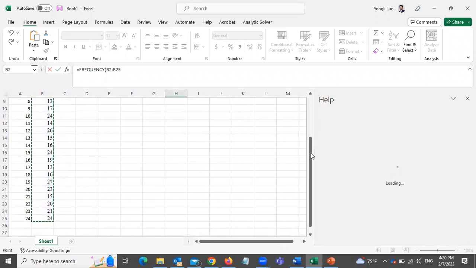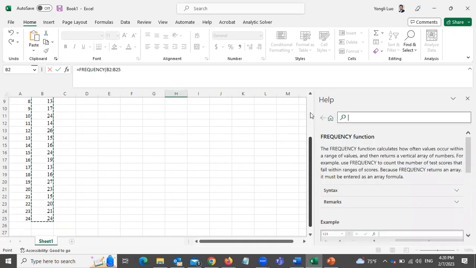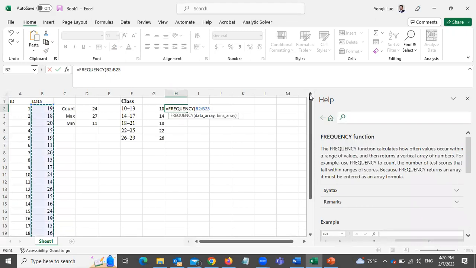If there's FREQUENCY or COUNTIF, they give you the same result. I'm going to show you the other one. This is the bin.